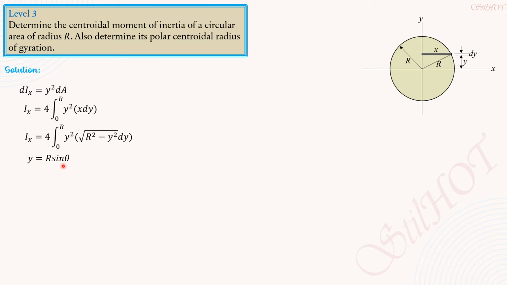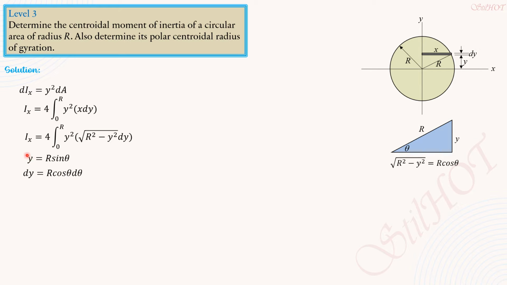In this triangle, sine theta is y over r. The adjacent side is the square root of r squared minus y squared, and it is equal to r cosine theta. So differential y is r cosine theta differential theta.